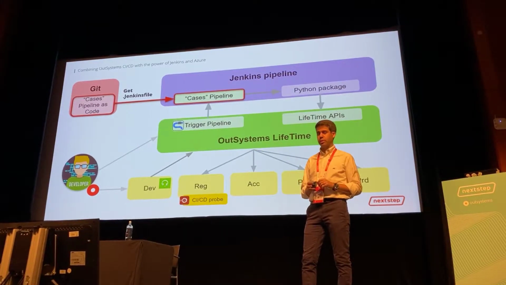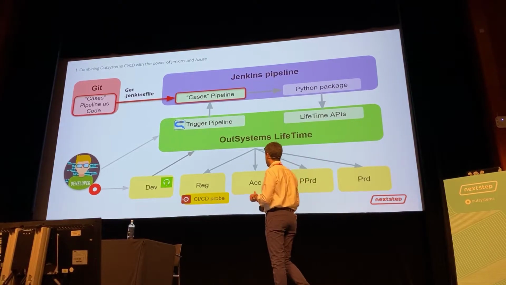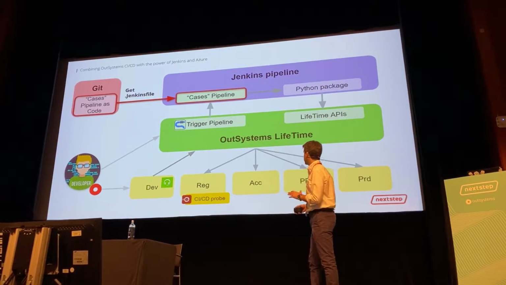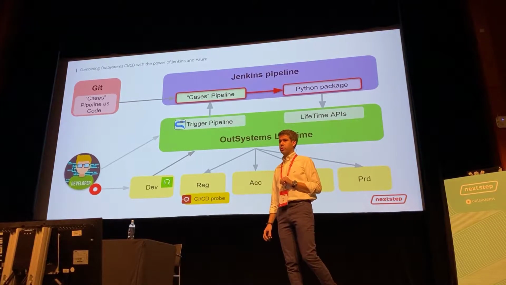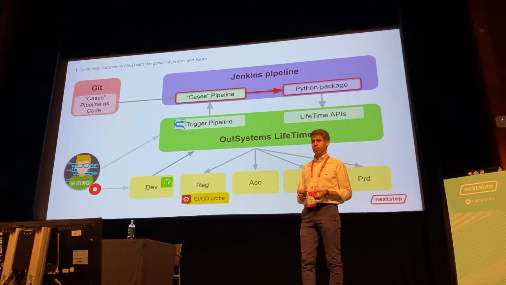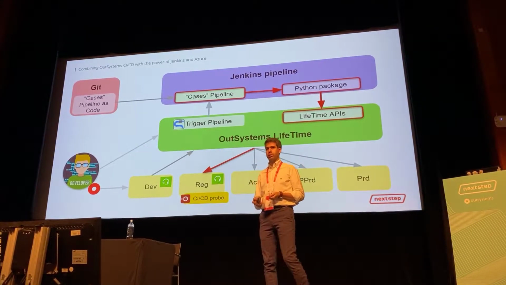Everything is configured in GitHub, so we have a pipeline as code, and in this case, a Jenkins file. So the first thing that it will do is to call our Python package that orchestrates all the Lifetime APIs. And the first thing that will happen is to install this new version in regressions.